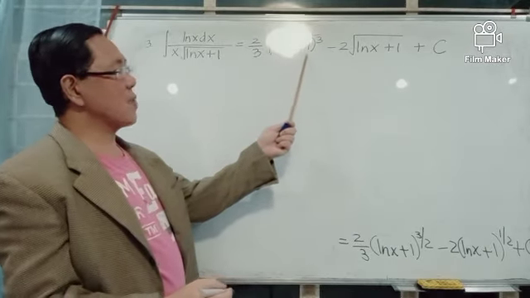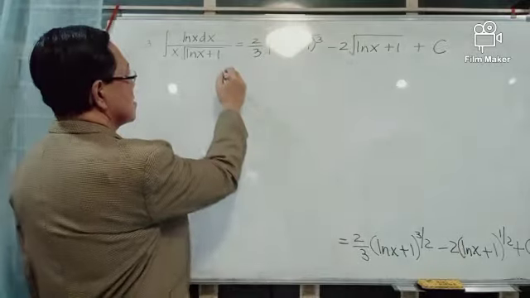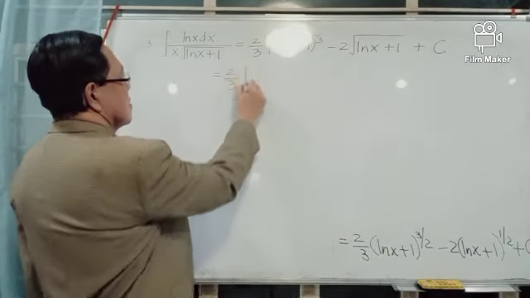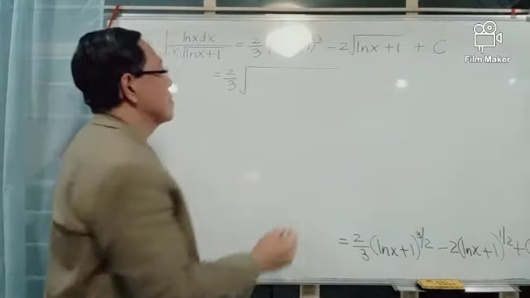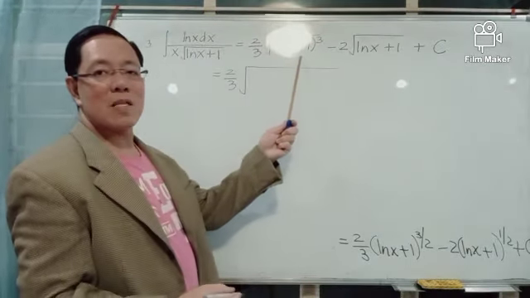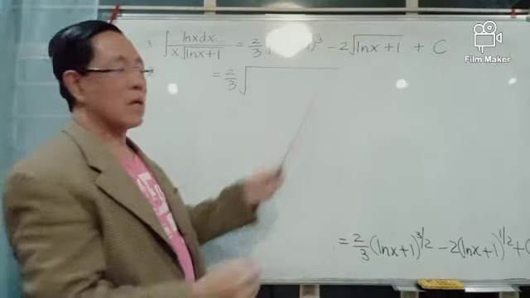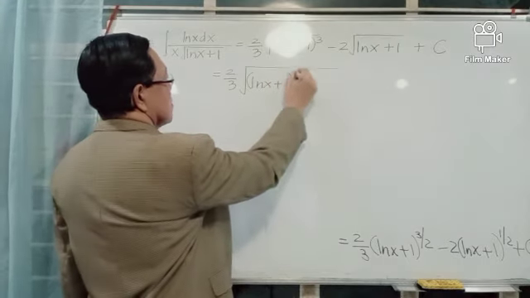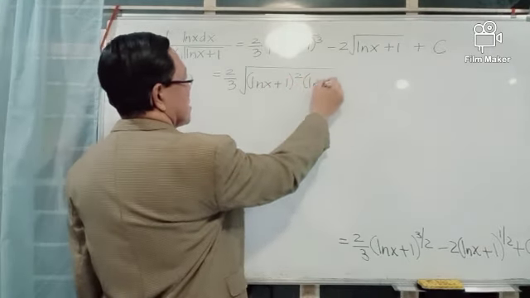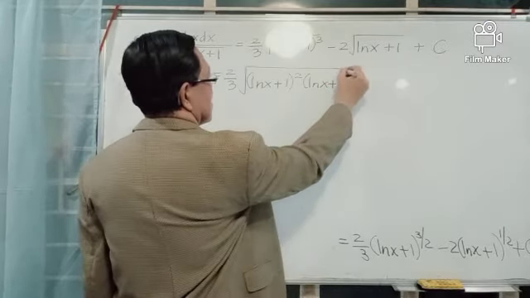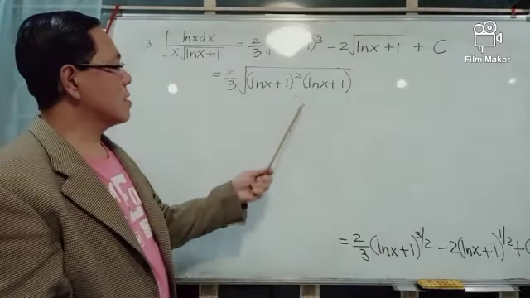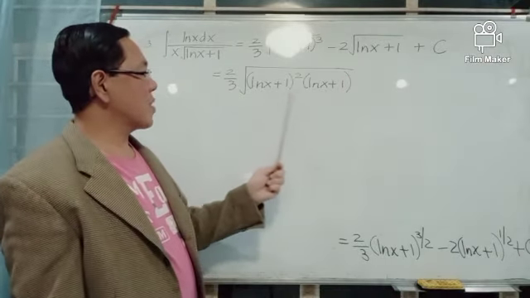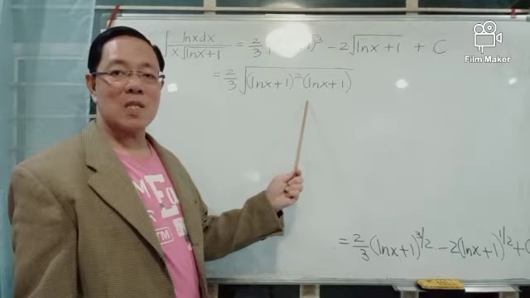The root of ln x plus 1 raised to 3 can be written as, we have 2/3. We write this as ln x plus 1 squared multiplied by ln x plus 1. The exponent of ln x plus 1 here is 1. And by property of exponent, we have the common base ln x plus 1.